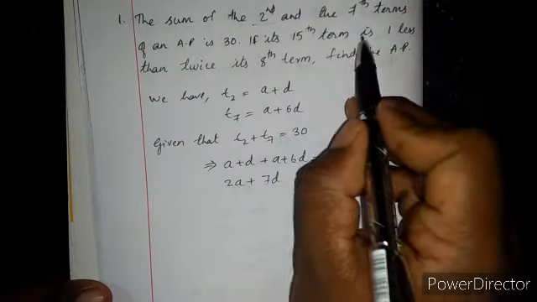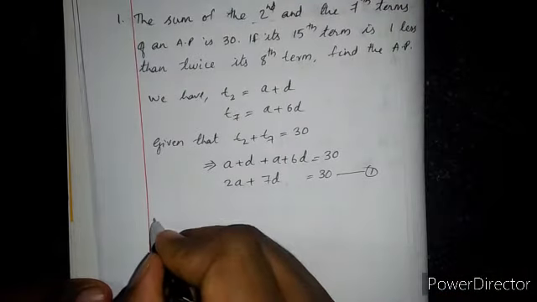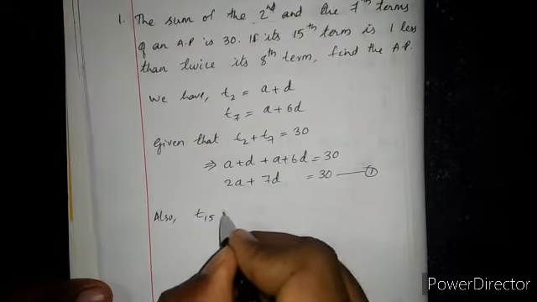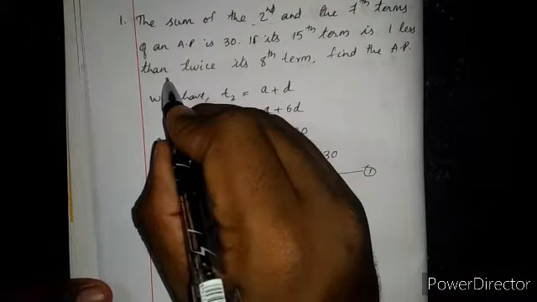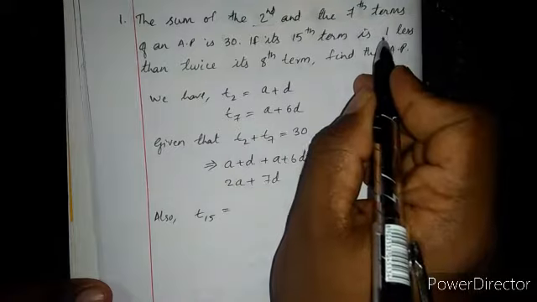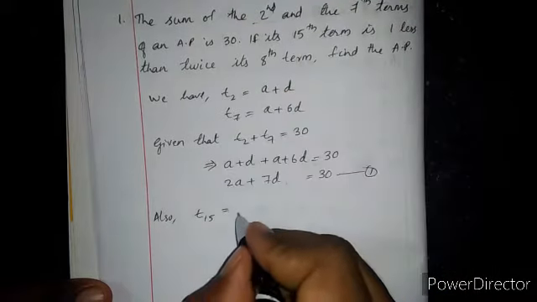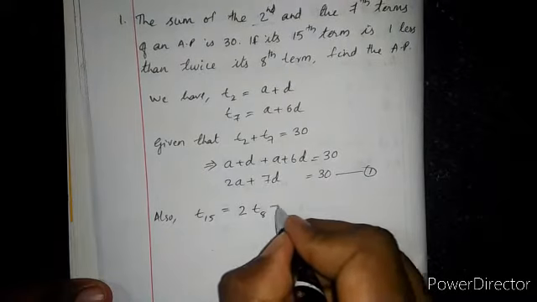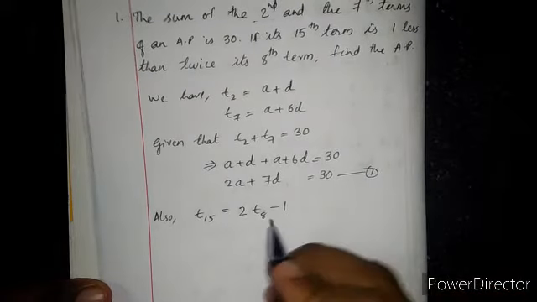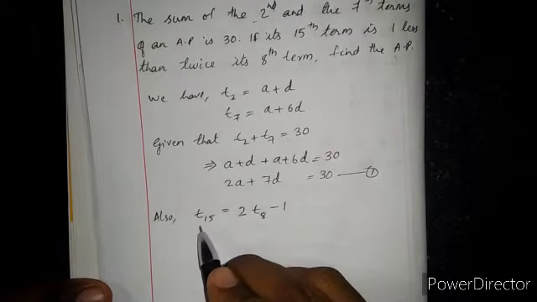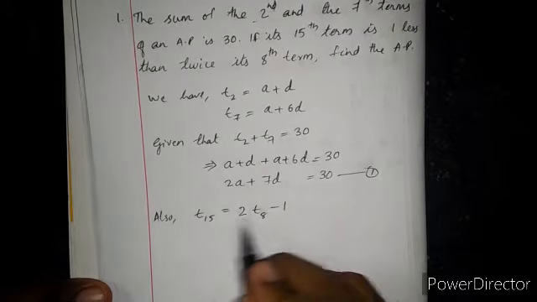If its 15th term, that means T15, that is the 15th term, is 1 less than twice its 8th term. 8th term का दुगुना से एक कम है. 8th term का दुगुना. So 2 into 8th term is T8 and 1 less than that one. Did you get it? Twice of 8th term and 1 less than that number will be equal to the 15th term. That is a given thing.